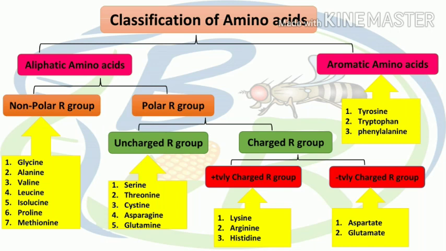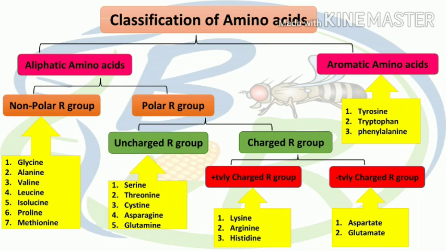As the name suggests, non-polar R group amino acids are hydrophobic, meaning water hating, and they include 7 amino acids: glycine, alanine, valine, leucine, isoleucine, proline, and methionine. Polar R group amino acids can be further divided into uncharged and charged R group. Polar means water loving.